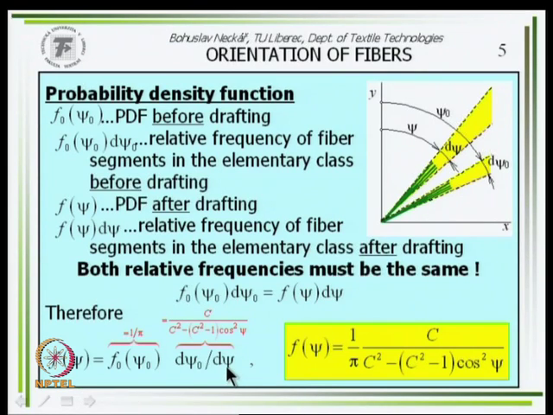Using this equation, after substitution of our known expressions, we obtain the equation for the probability density function of fiber segments after drafting. It means after preferential orientation of one, maybe longitudinal direction.